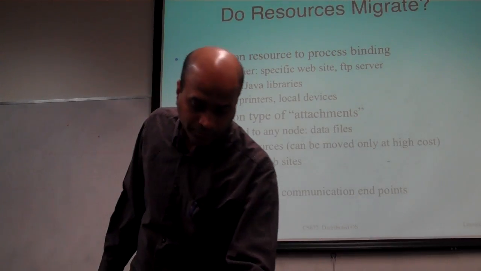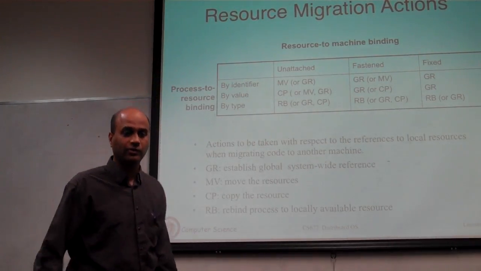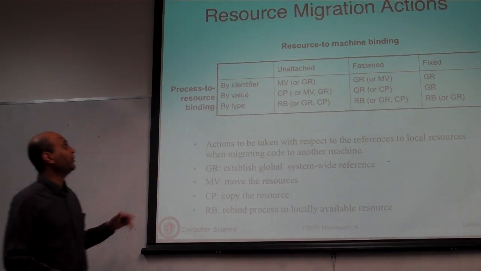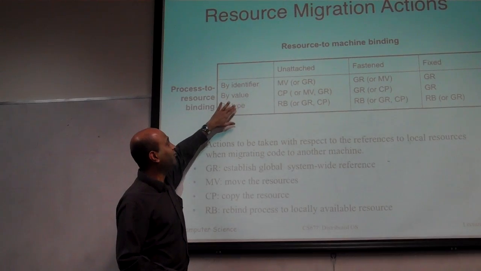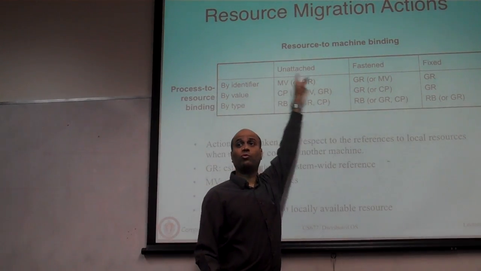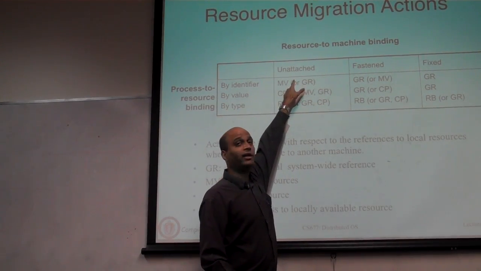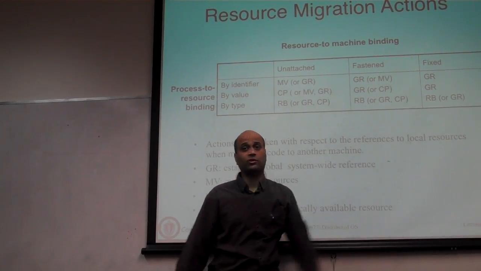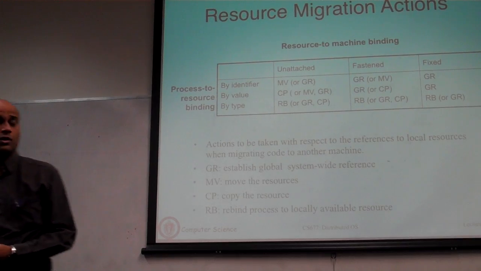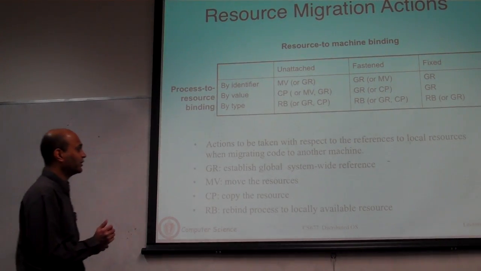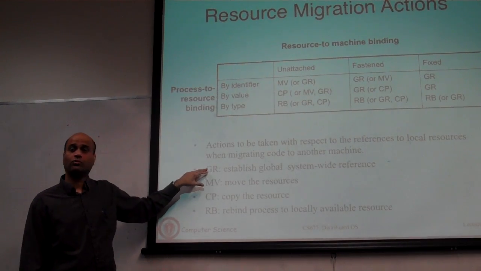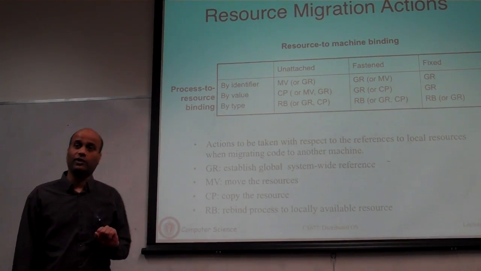Yeah, so here is a table. It looks more complicated than it actually is, which says depending on what the binding is, identifier, value or type, and the cost of moving it, whether it's unattached, whether it's expensive and it's fixed, you may have to use different strategies. Okay? There are actually only three different strategies. One is what's called global reference.